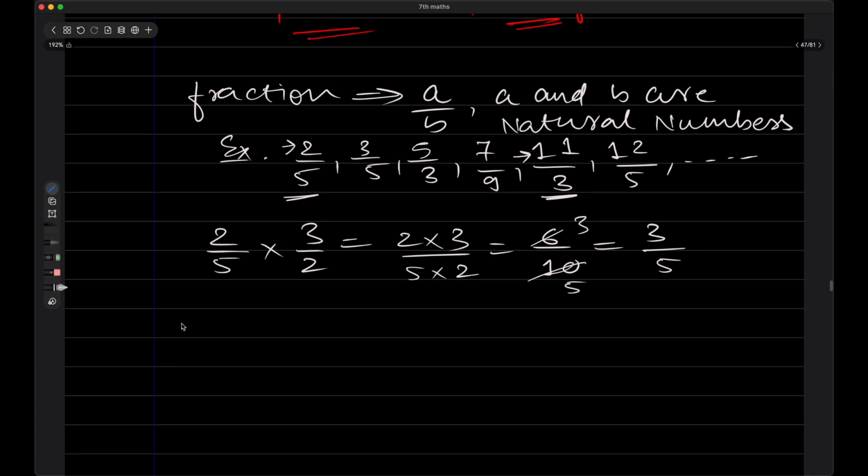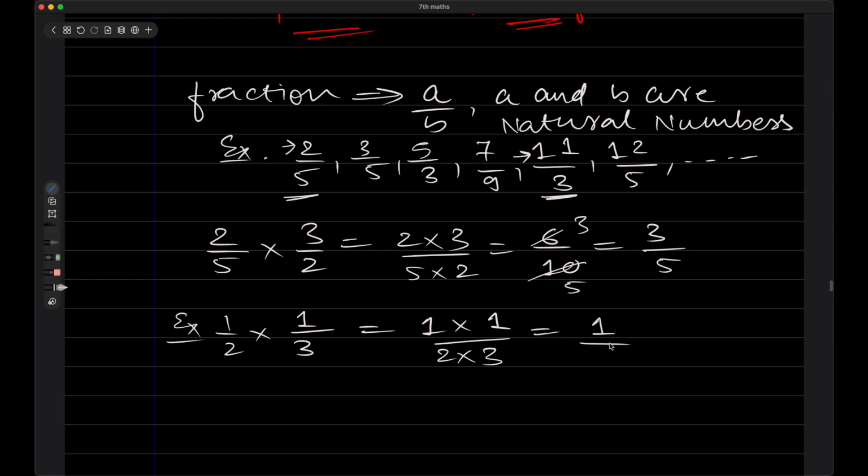Let us take one more example, 1 divided by 2 into 1 divided by 3, that is 1 into 1, the product of numerators, and 2 into 3, the product of denominators, that is equal to 1 divided by 6.